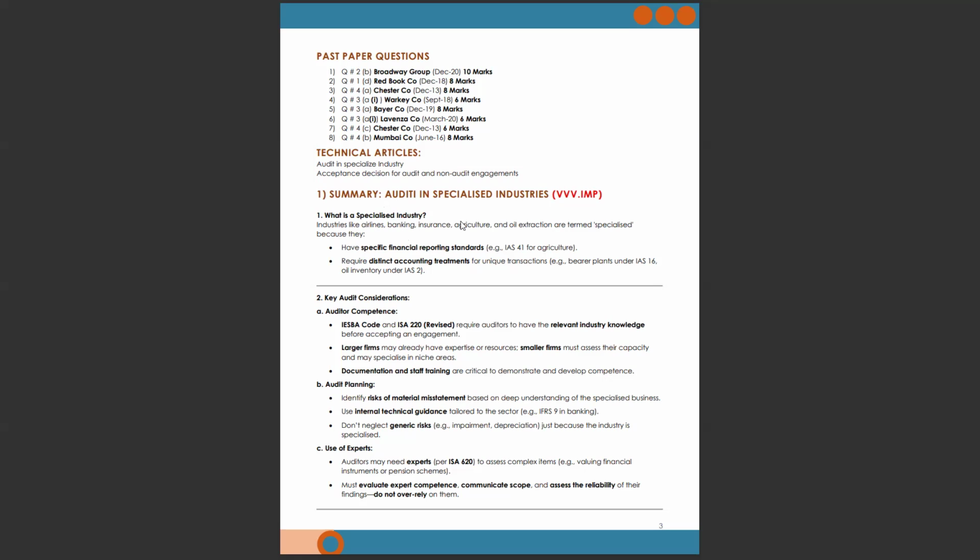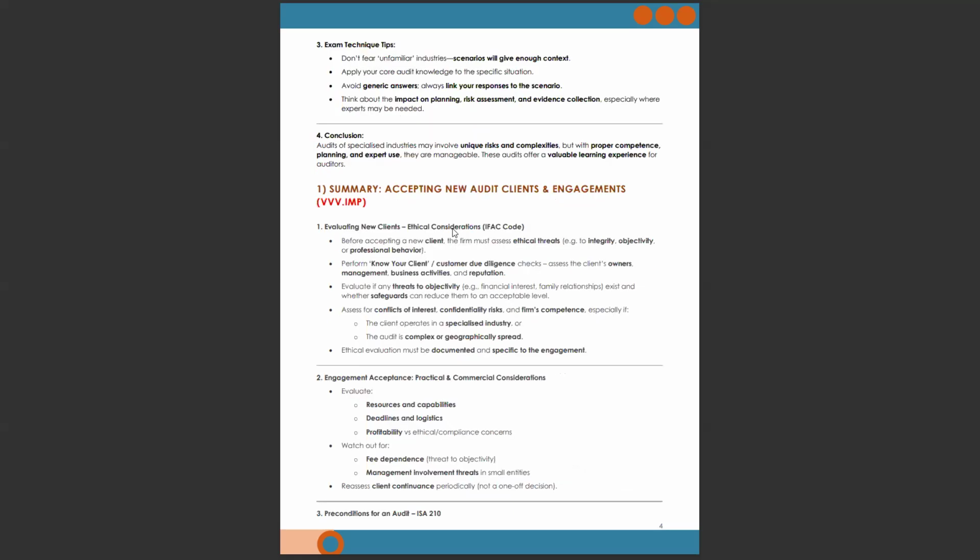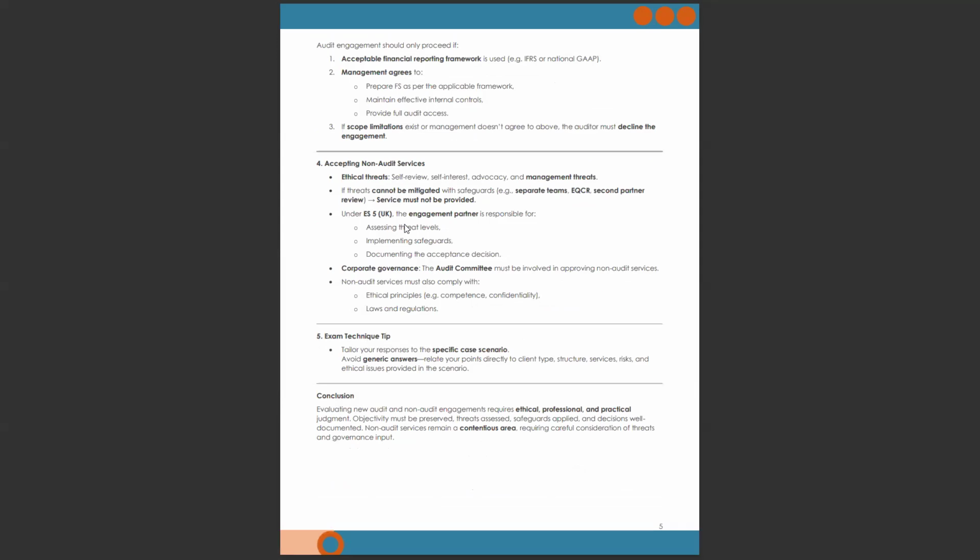Please don't ignore or skip reading the articles, otherwise it may affect you. Article 2 is accepting the new audit clients and accepting engagement. This is article number 2.